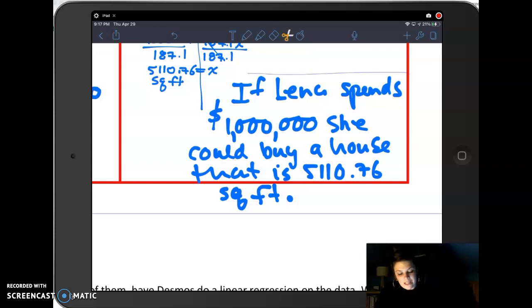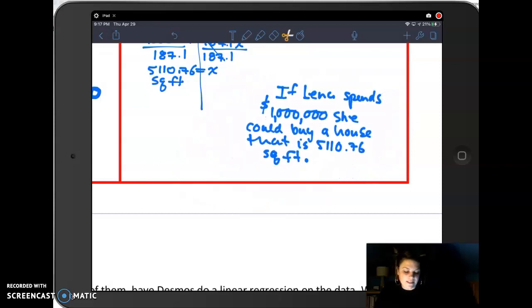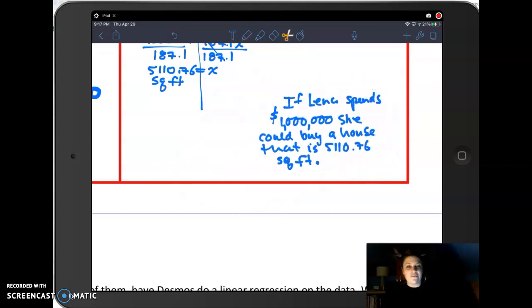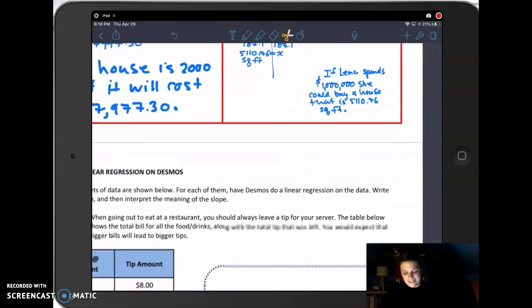All right, and again, there are lots of different ways to write this sentence, and over 5,000 square feet, that's a mansion. Lena, good on ya buying your mom a big old house.